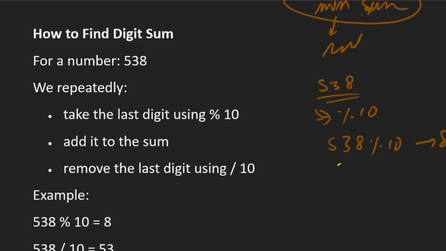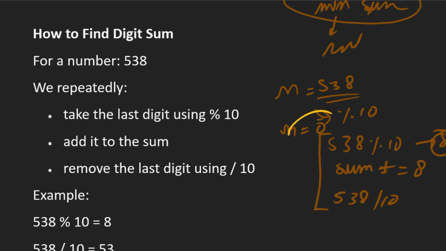Then we add this 8 to the sum, and then we remove this last digit. For removing the last digit, we'll divide it by 10, right? And these three steps we do until our number n does not become equal to 0, right?